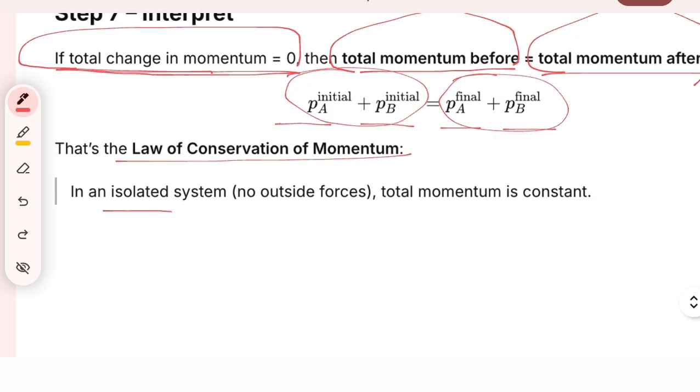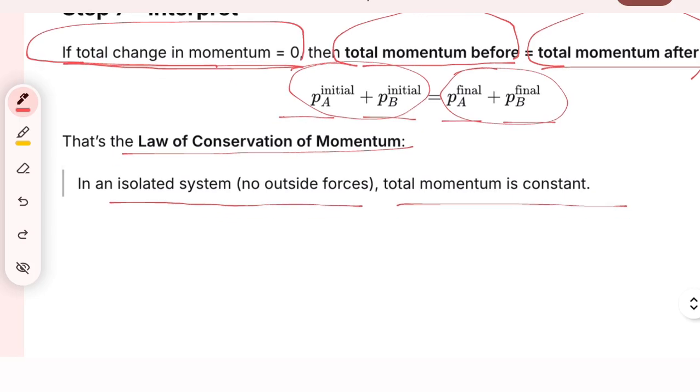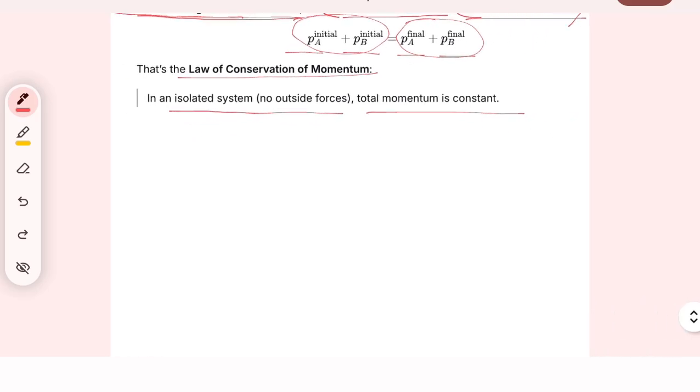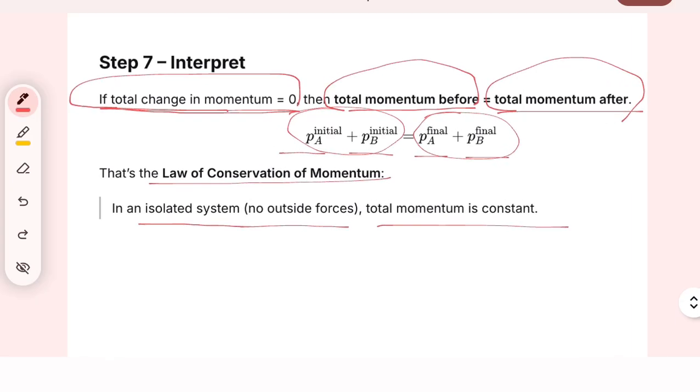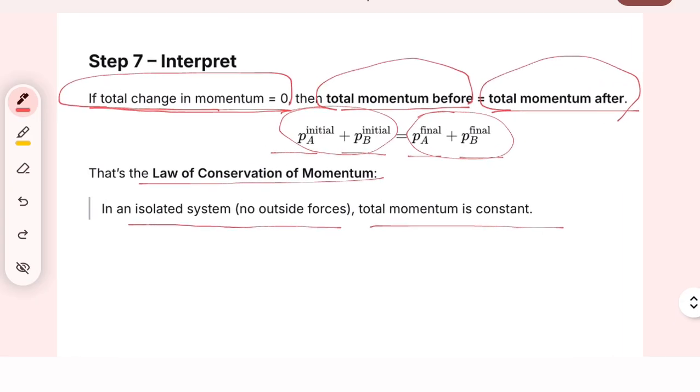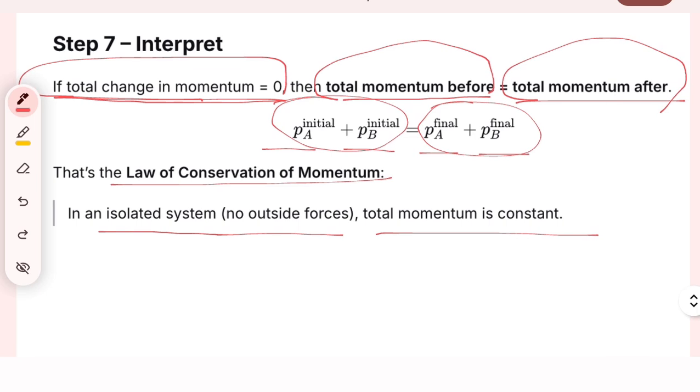In an isolated system with no outside force, the total momentum is constant. So we actually derived the law of conservation of momentum: when there are no outside forces involved in an isolated system, the total momentum is constant.